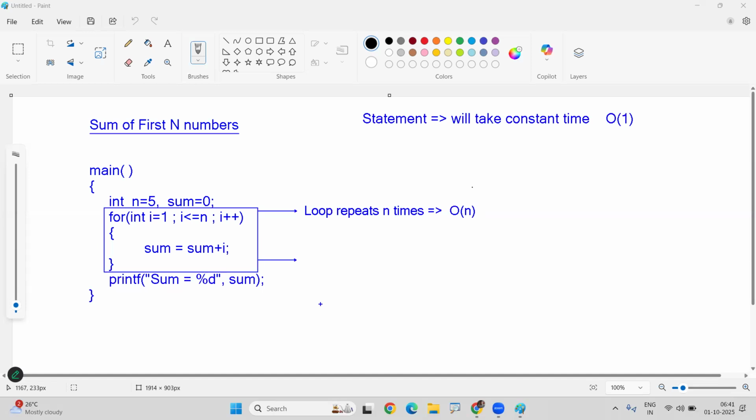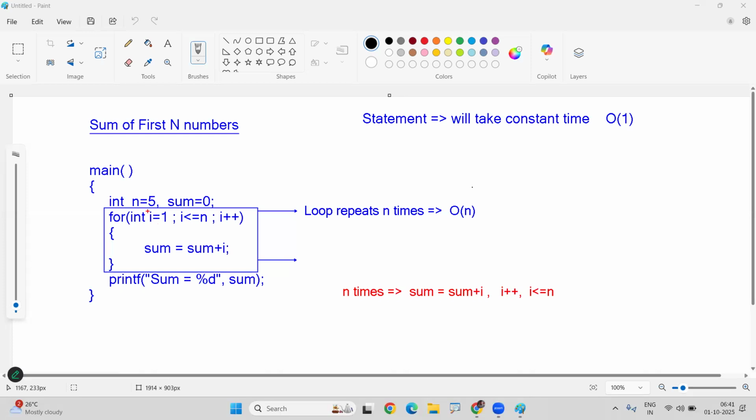in the n repetitions, what statements are executed repeatedly? It clearly explains: every time, n times, 3 statements are executing. Sum = sum + i; after that increasing the i value every time and checking that condition every time.